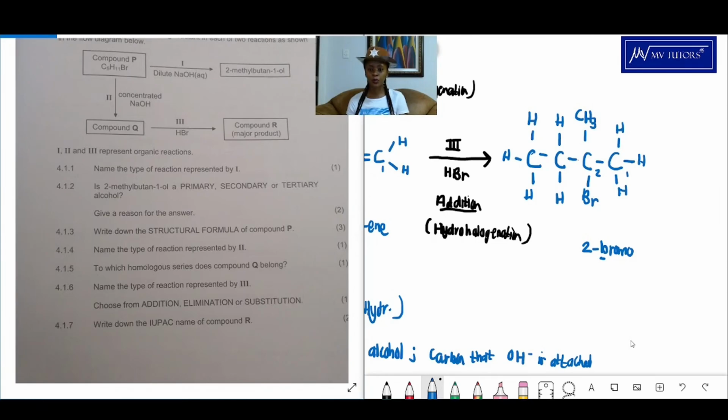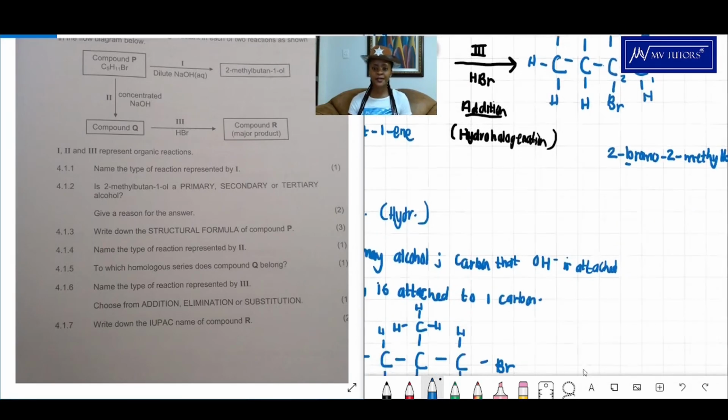So 2 bromo, 2 methyl, butane. Am I gonna make it? Barely. But it's there. So 2 bromo, 2 methyl, butane. Okay, so that is the IUPAC name of compound R.